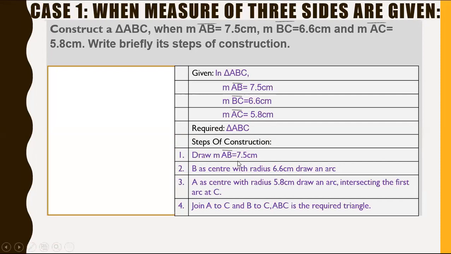First, I have drawn the line segment AB of 7.5 centimeter, then B as center with radius 6.6 centimeter, draw an arc. A as center with radius 5.8 centimeter, draw an arc intersecting the first arc at C. Join A to C and B to C, and ABC is a required triangle.